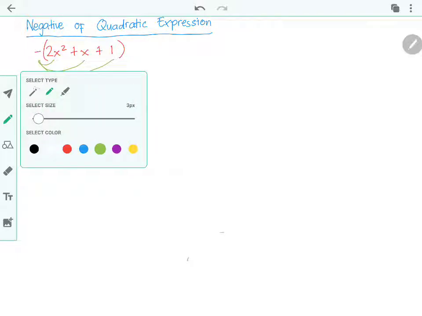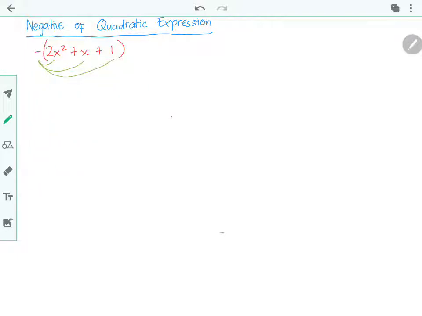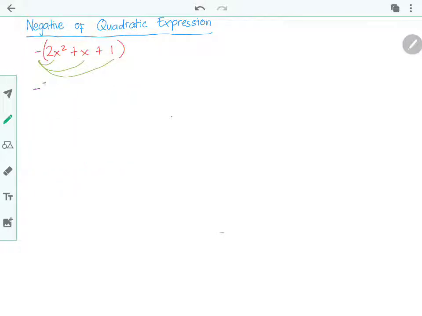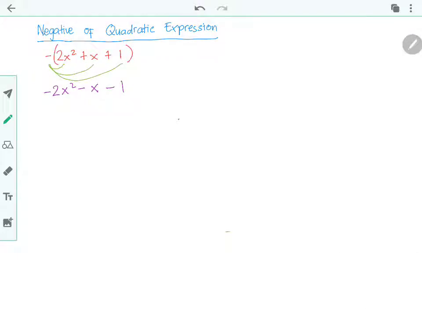So the answer is negative 2x squared and also negative x and minus 1. Negative 2x squared comes from negative times 2x squared. Negative x comes from negative times x, and this negative 1 comes from negative times 1.